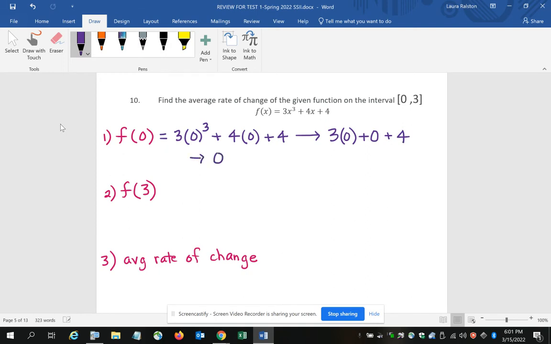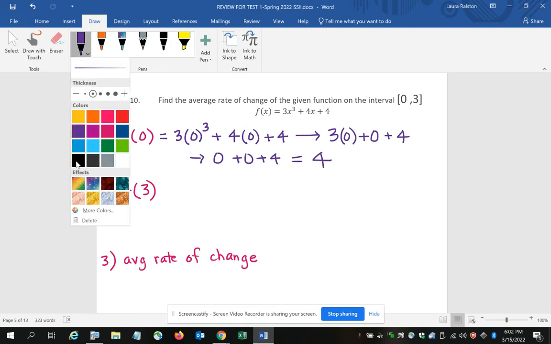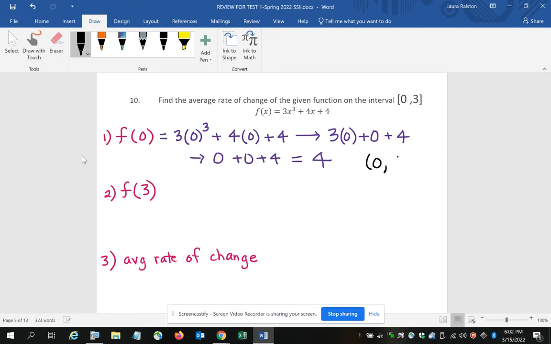Ultimately, my answer is 4. So the ordered pair here would be 0 comma 4. My input was the x, which is 0. My output is the y.